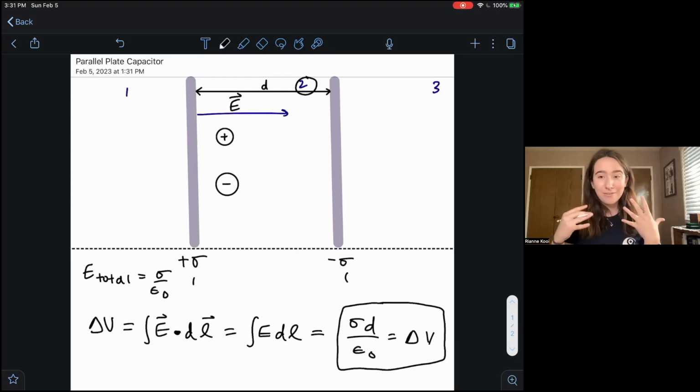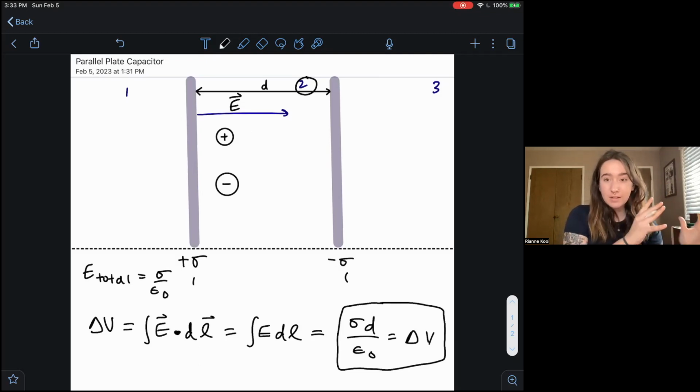Which one will have an easier time moving in this electric field? Is it the positive or the negative charge? It's the positive charge. The positive charge will have an easier time moving in this electric field than a negative one, because the electric field is flowing from a positive charge to a negative charge.